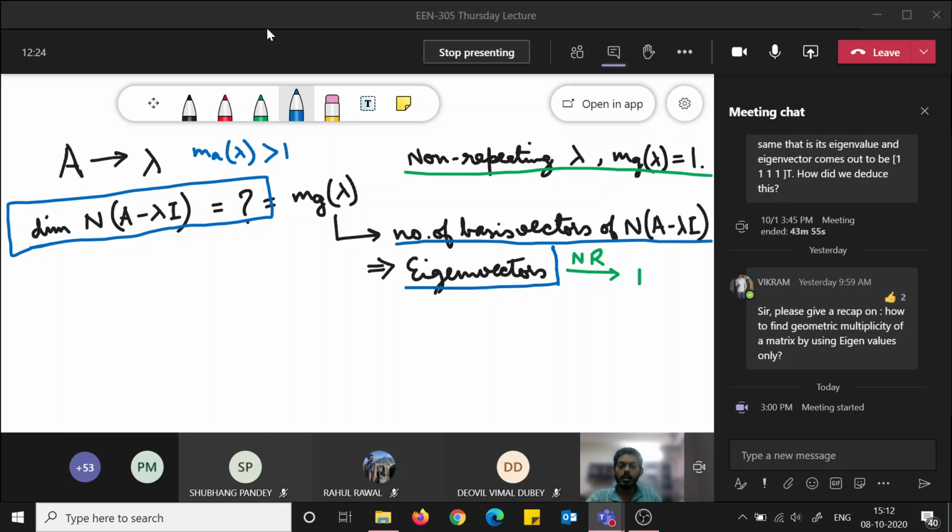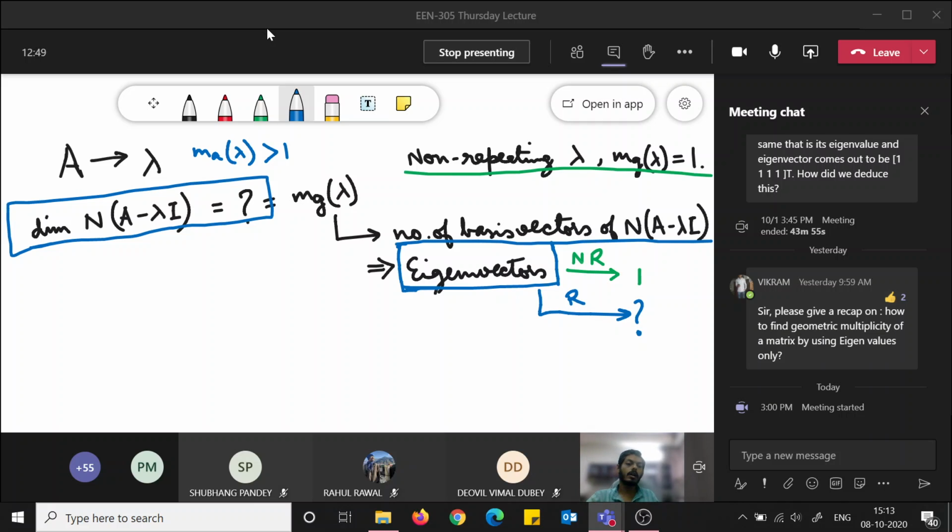The eigenvectors, same thing: the basis vectors of this space are also the eigenvectors. Now this could be only one, so for repeating I really don't know how many there are.